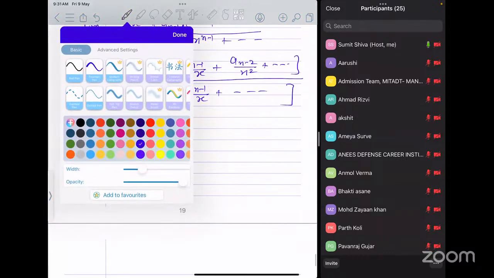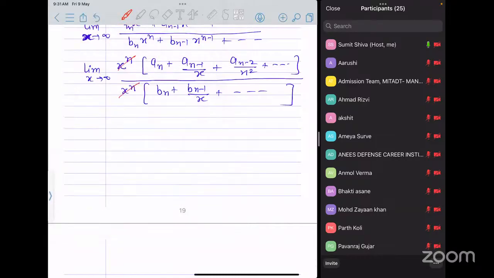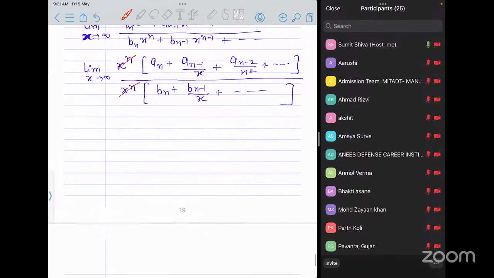Now, the interesting point is that the common factor will cancel out, and when you substitute the limit, these terms will tend to 0, because in the numerator we have something finite and in the denominator we have something tending to infinity. So a finite value divided by something tending to infinity will tend to 0, which means the answer will be an divided by bn.